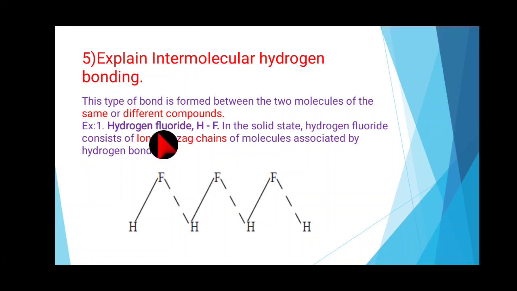Actually, hydrogen fluoride in the solid state consists of a long zigzag chain because of intermolecular hydrogen bonding, right? Because of the intermolecular hydrogen bonding, the structure is even changed. Long zigzag chain.